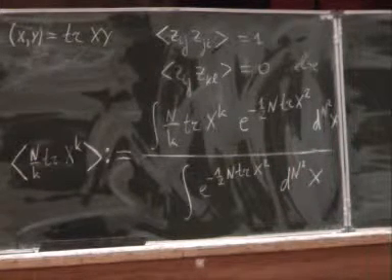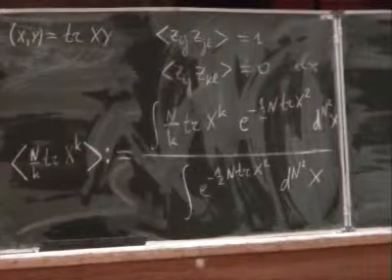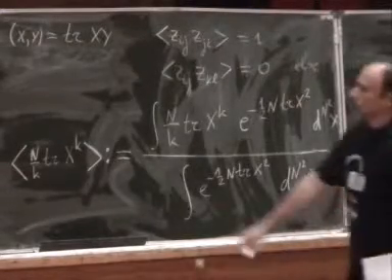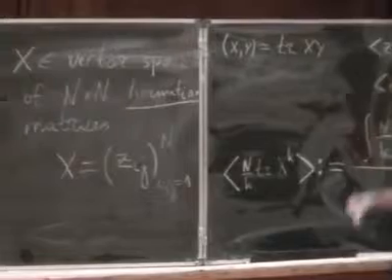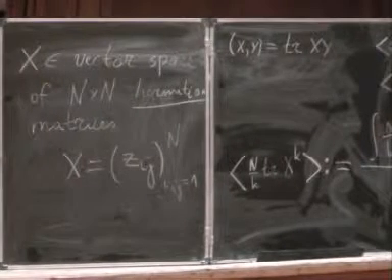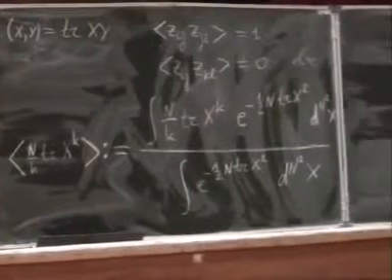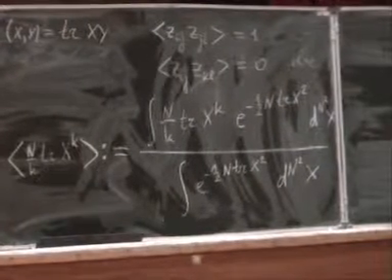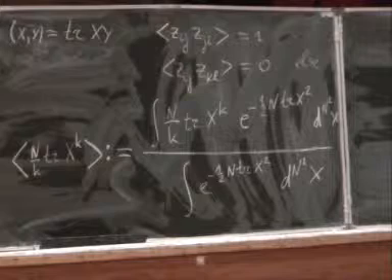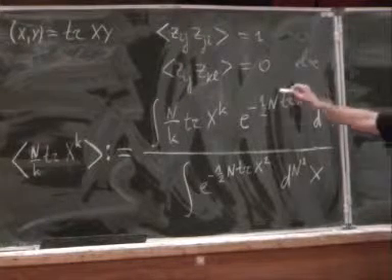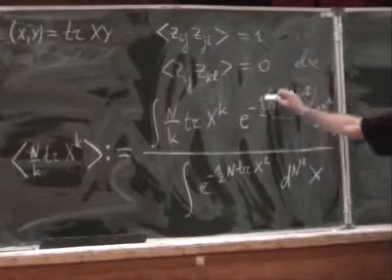Oh, I forgot, the matrices are Hermitian. So that's exactly the definition of an expectation value that I gave you last time, with this being the quadratic form.